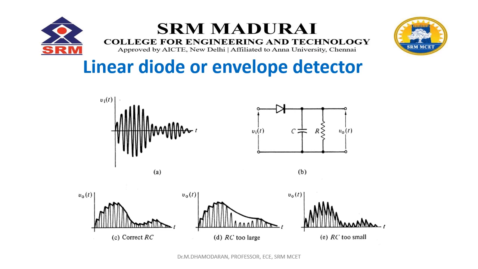If the RC is too small, we get a small envelope like this. This is our actual information and this is the correct output. These are some noise affected output signals, and these are some of the drawbacks of linear diode or envelope detectors.